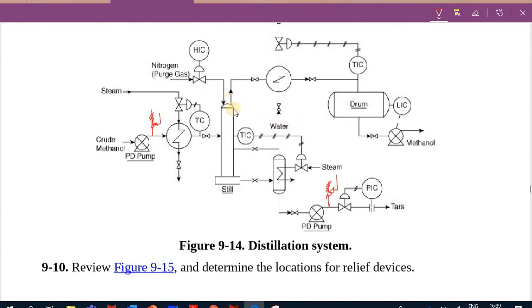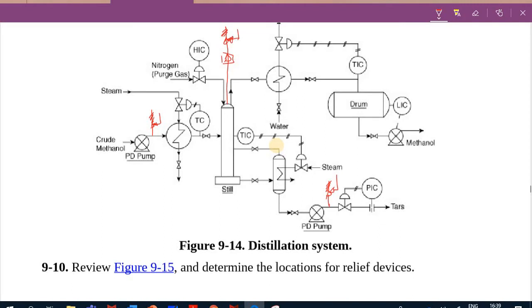relief valves. And actually here, we don't know, it's just methanol, it's not that corrosive, but if you want to, you can add a rupture disc, and then add the other valve here, the spring valve.